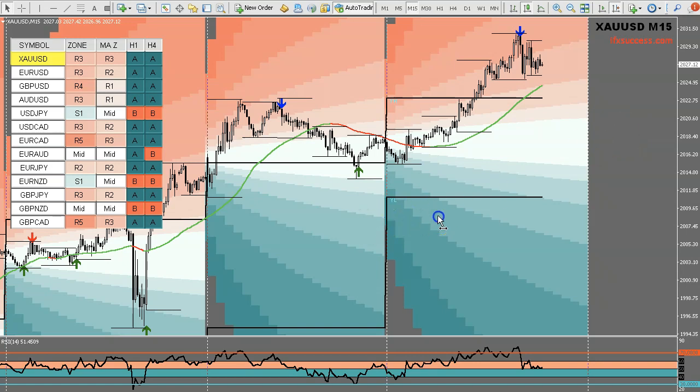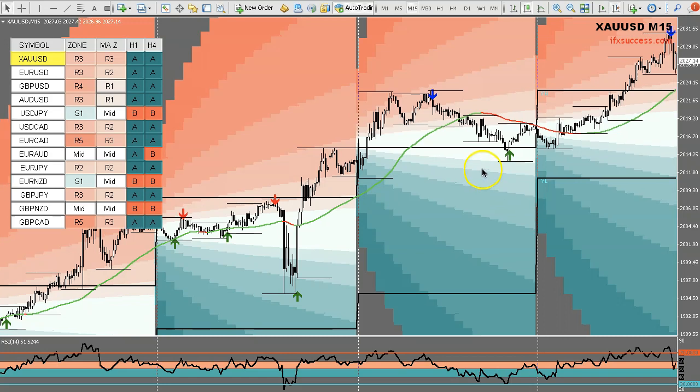Okay, in here again, we're not going to consider anything because we are outside. We're not selling inside yesterday's high, so this would be void and invalid, and we're not going to enter in here. Okay, that's something that you need to keep in mind.